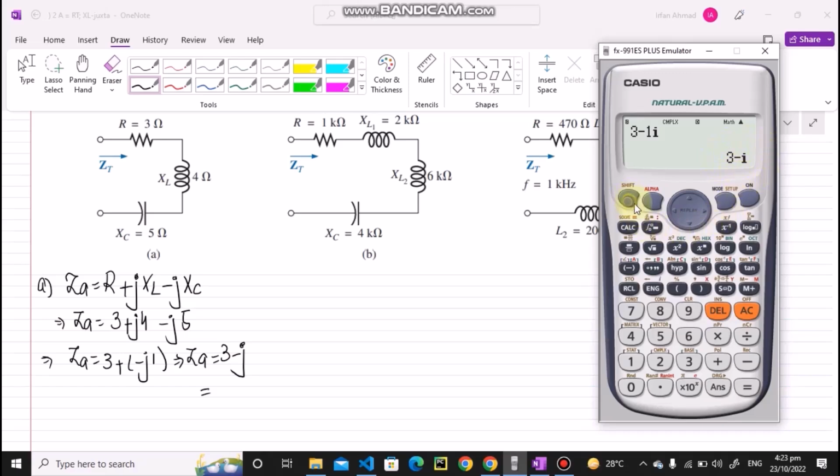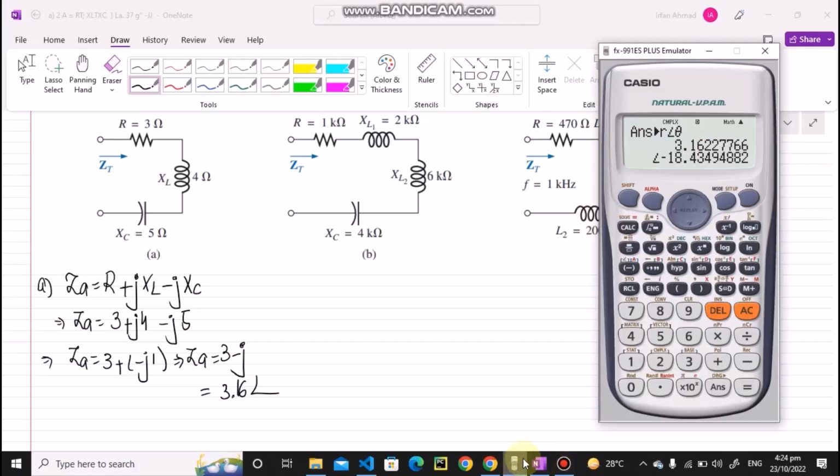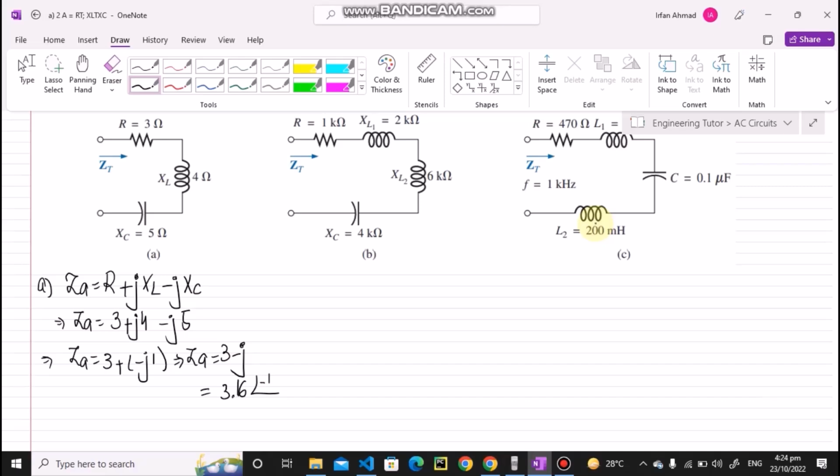Converting it into the polar form, let me press shift and complex, press 3, and it will give me the answer: 3.16, and the angle here will be minus 18.43 degrees, and that is in ohm.